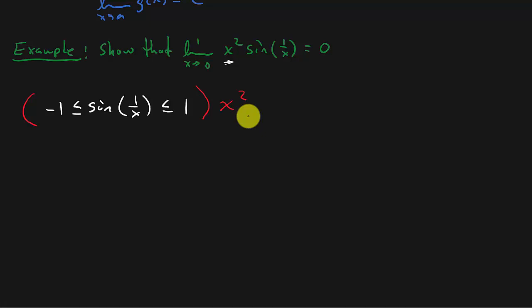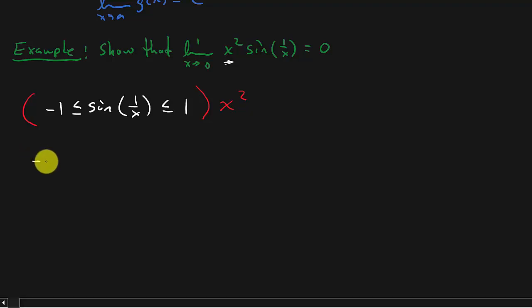Remember, if you multiply an inequality through by a negative number, that reverses the inequality symbol. But here we are multiplying through by a positive number. And so this is going to give me -x squared is less than or equal to x squared times sine of 1 over x, less than or equal to x squared.